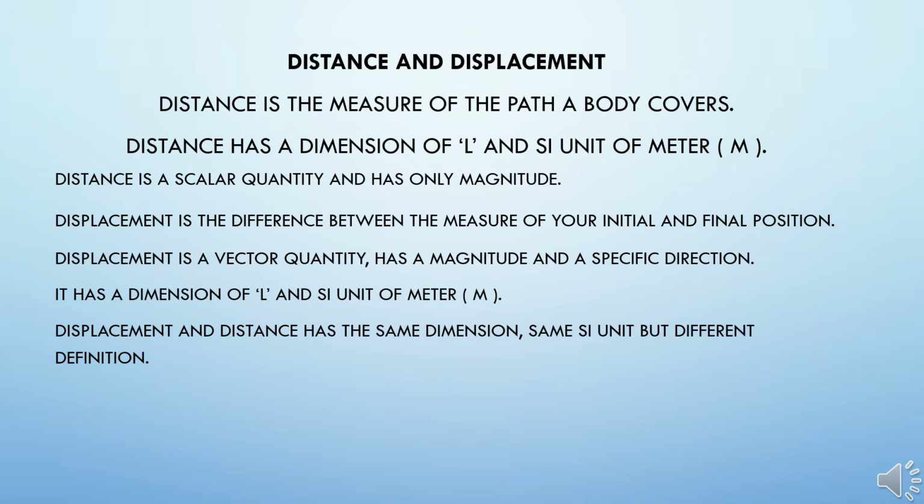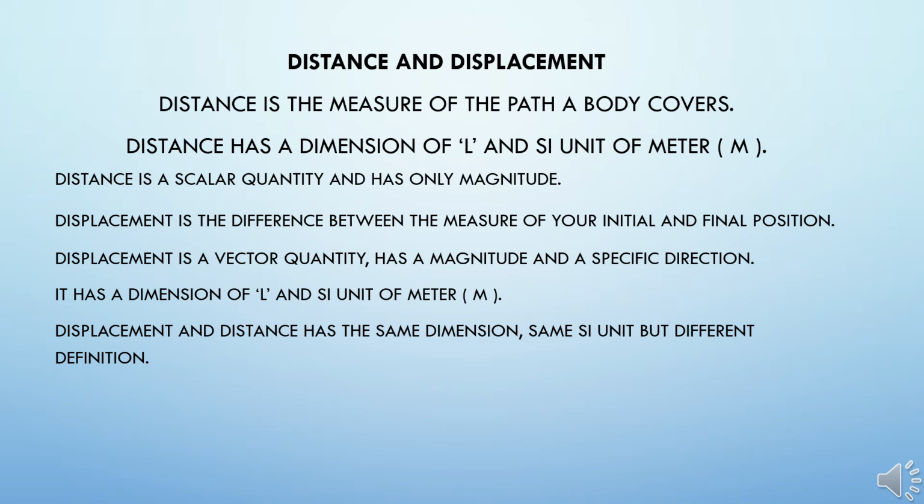Now, displacement is far different from distance. Displacement is the distance between your initial and final position. Displacement is a vector quantity and so has a magnitude and a specific direction. Displacement also has the same dimension, capital L, as distance.